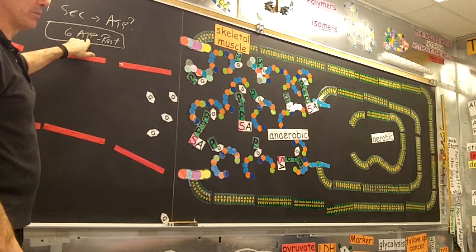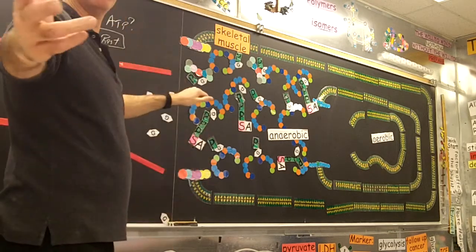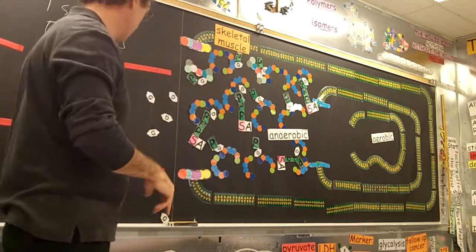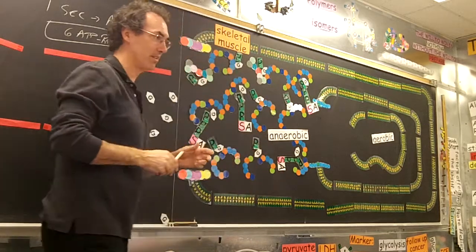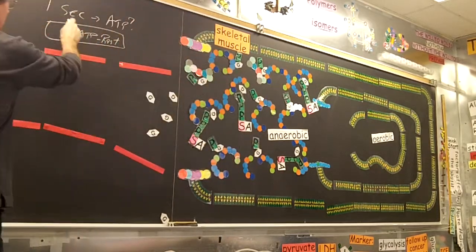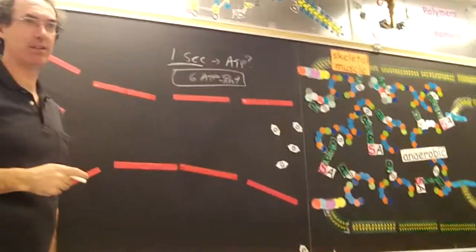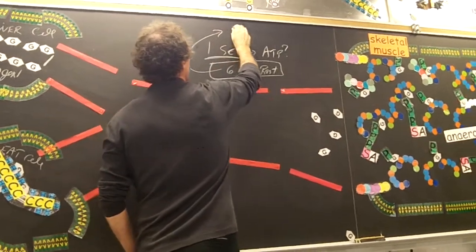So how many would produce with 10? Close. 20. Yeah, 20, because there's 2 ATP net produced. So we're talking about 1 second, right? So we've gone from 6 to 20.